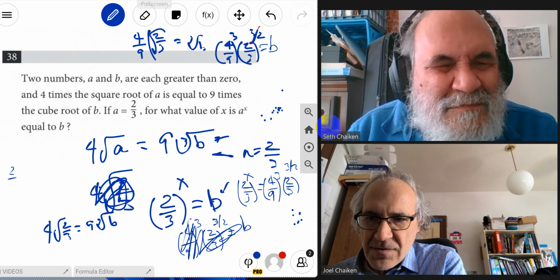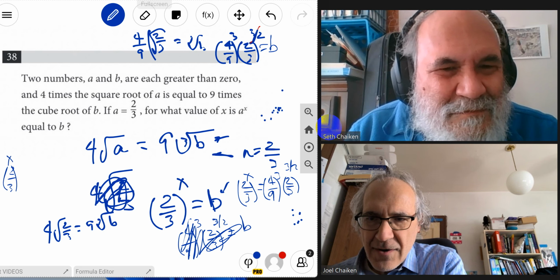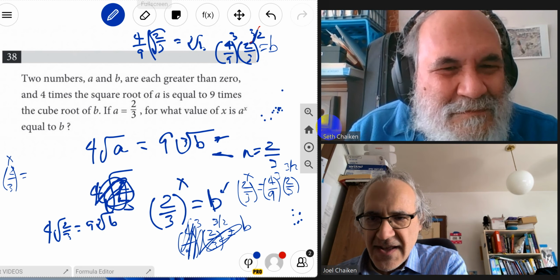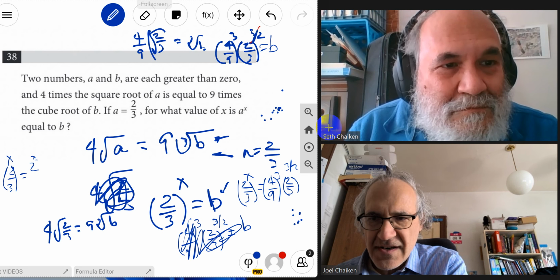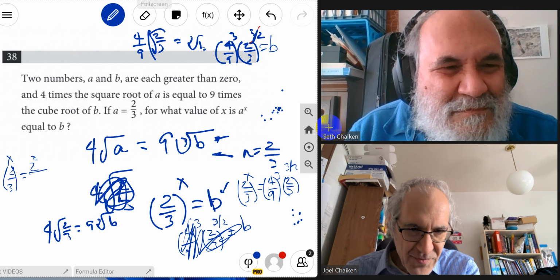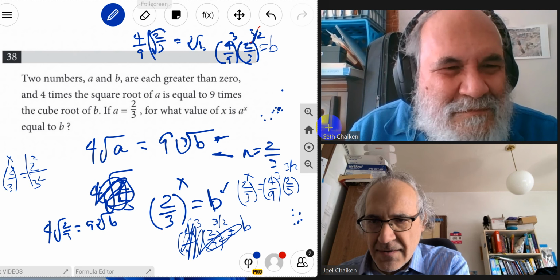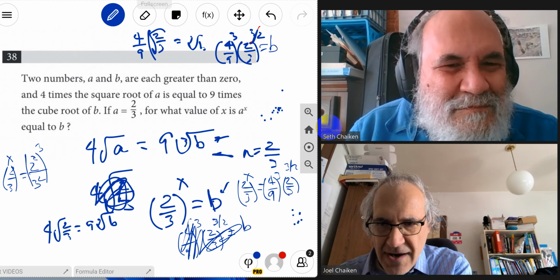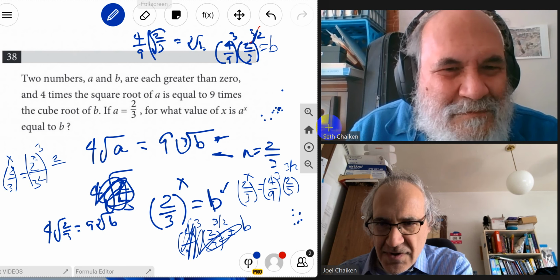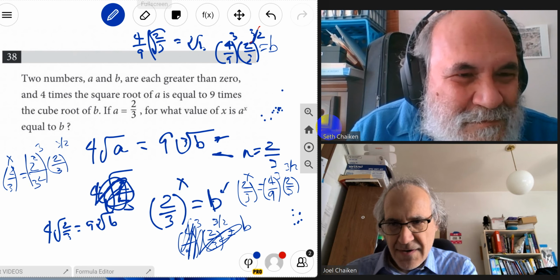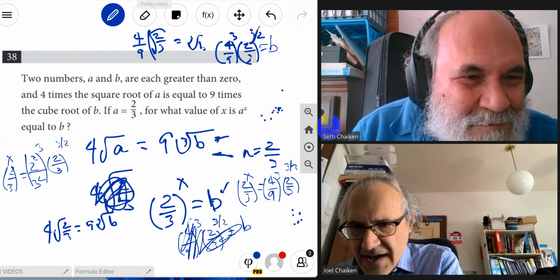So, 2/3 to the X power. Now, this 4 is 2 squared, so that's 2 squared cubed. That 9 is 3 squared, and that's all to the cube power, times 2 over 3 to the 3 halves power. So what have I got here?